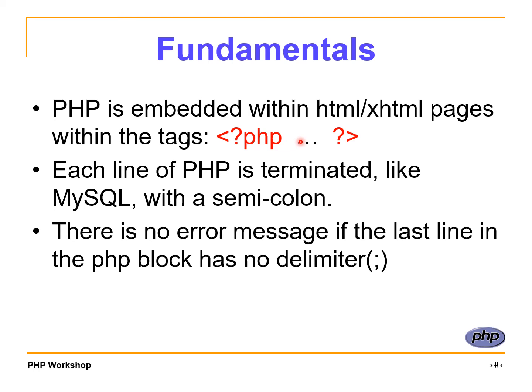After that you can write PHP expressions, and finally the PHP script is closed by question mark, then angle bracket closing. Each line of PHP is terminated, like in MySQL, with a semicolon. Each and every expression or statement in PHP ends with a semicolon. There is no error message if the last line in the PHP block has no delimiter semicolon.